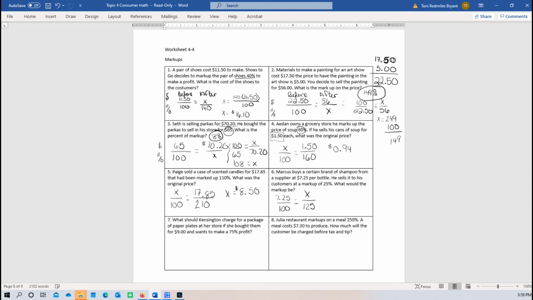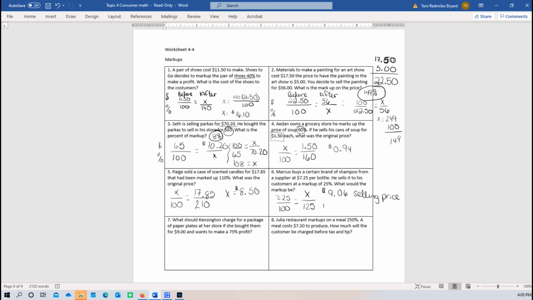And we don't know what he's going to sell it for. So let's go ahead and figure this out first, but that isn't actually what the situation is asking for. It's asking for the markup, not the selling price. So there's going to be an extra step when we're done, and that extra step is going to be to subtract. All right, so we know our selling price is going to be $9.06.